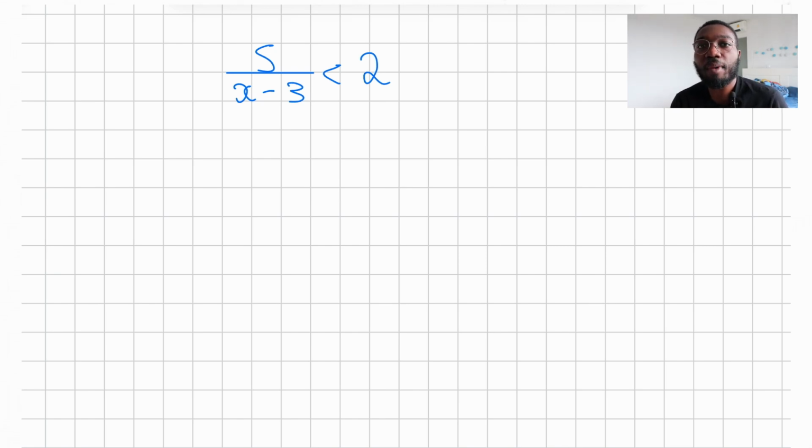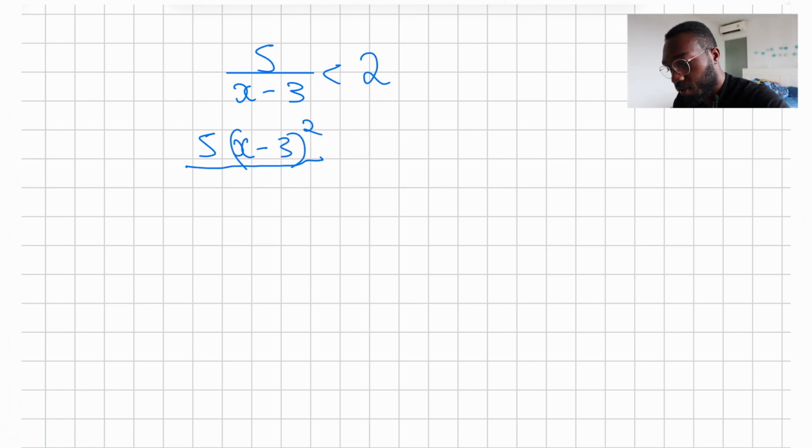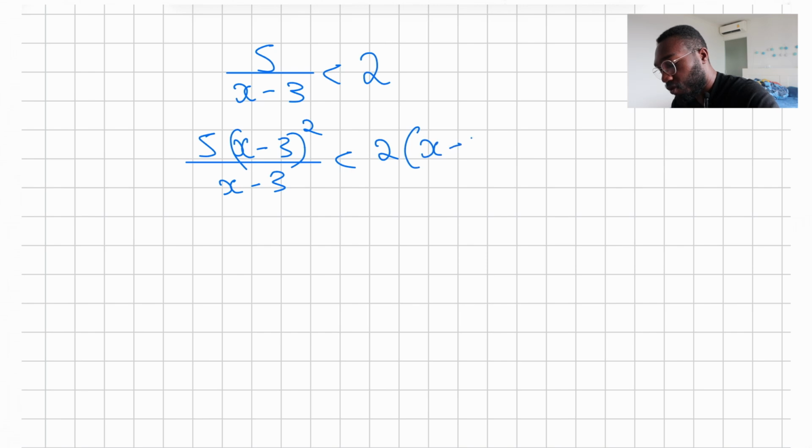For this question, we need to find the set of values of x where 5 over x minus 3 is less than 2. Like one of the examples I showed earlier, the best way to do this is to multiply by the denominator squared. So we will do 5(x minus 3) squared over x minus 3, and that is less than 2(x minus 3) squared.